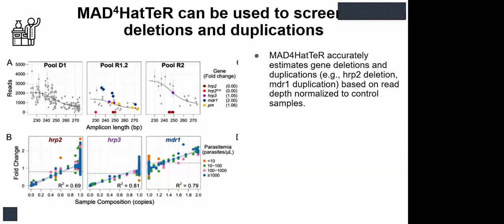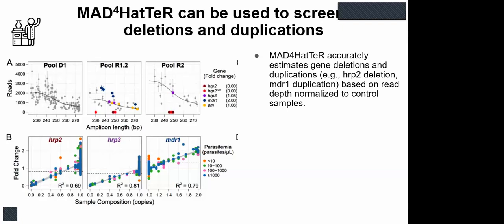We can see that the pools, for example in figure A, the diversity pool, resistance pool 1 and resistance pool 2, all of them have good read coverage for the different amplicon sizes being targeted.